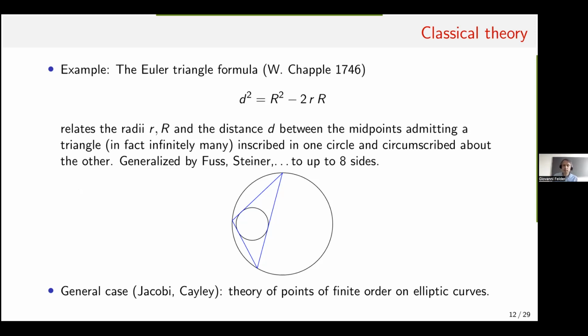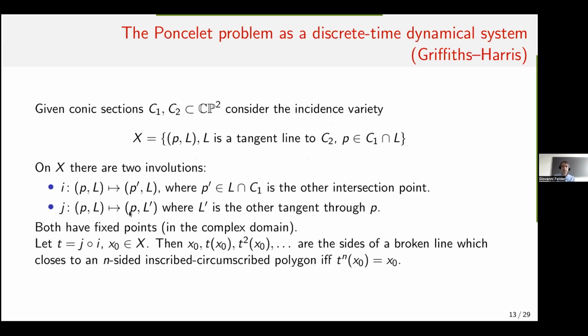And so Jacobi understood that this is really a question of elliptic curves, right? Points of finite order on elliptic curves. And later, Cayley gave some kind of general formula generalizing this Euler triangle formula. Okay, so let me explain that, and I will give some kind of more modern formulation due to Griffiths and Harris.